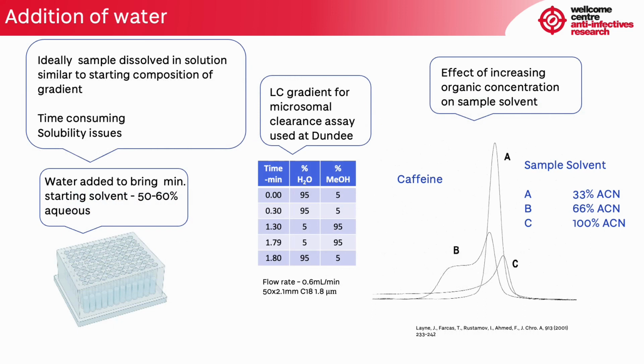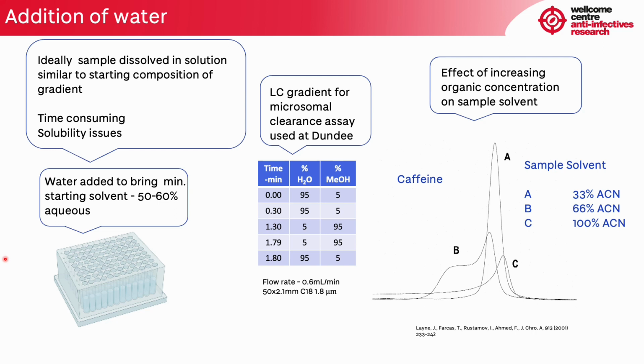So why do we add water? It's basically to ensure a good chromatographic peak shape. If the sample solvent has a higher elution strength than the starting composition of the gradient, it can lead to problems with fronting peaks. An example of such a peak is shown in chromatogram B. Ideally, the sample would be dissolved in a similar elution strength solvent to the starting composition of the gradient.